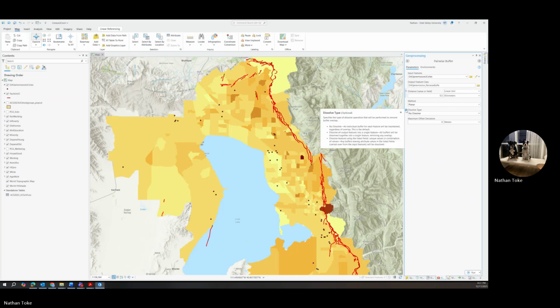So that will be no dissolve, an individual buffer for each feature. Dissolve to a single feature will treat them all the same in case of overlaps.